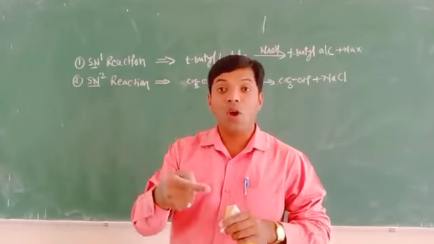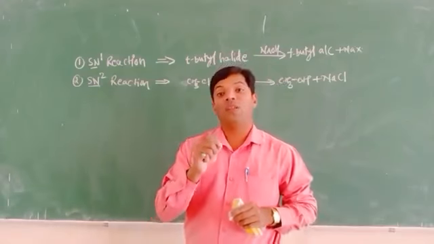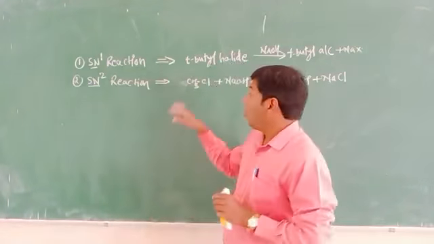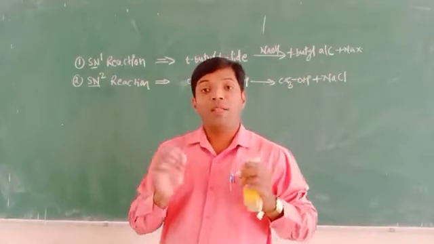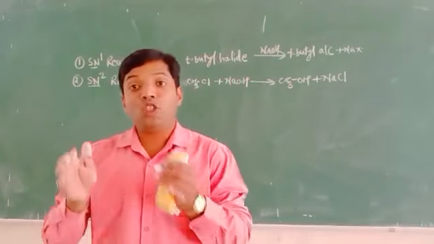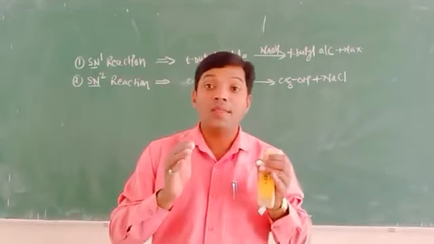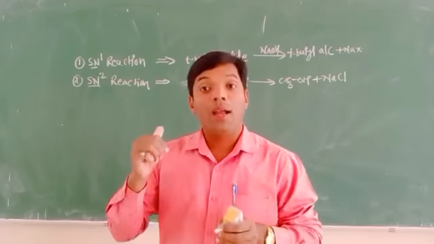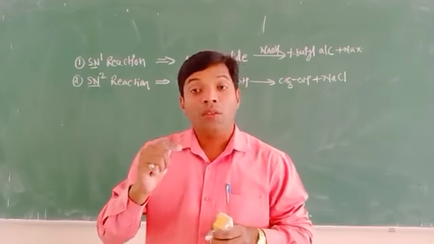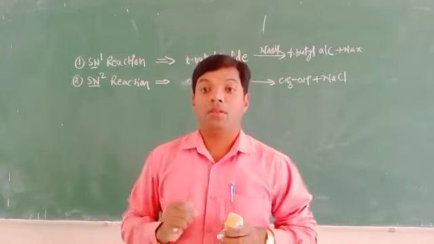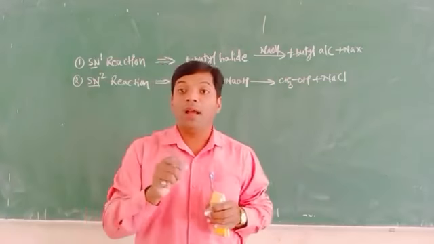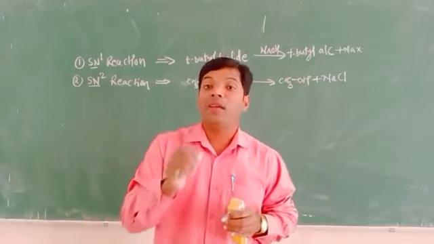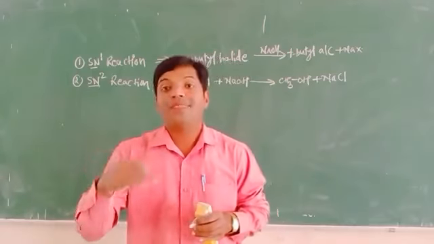So that's why it is called unimolecular nucleophilic substitution reaction. What about the SN2 reaction? In the SN2 reaction, the rate depends on the concentration of the nucleophile as well as the concentration of the alkyl halide. If I sum them to calculate the order, 1 plus 1 is equal to 2.